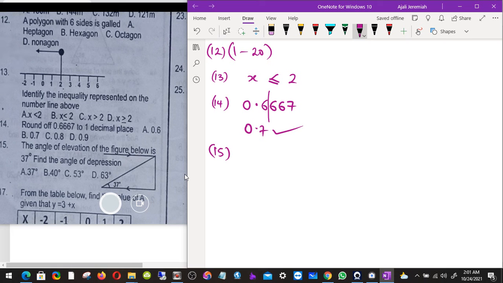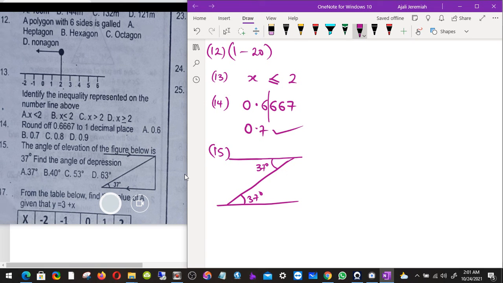Number 15 says the angle of elevation in the figure below is 37 degrees. Find the angle of depression. If angle of elevation is 37 degrees, it's equal to the angle of depression because they are alternate angles.